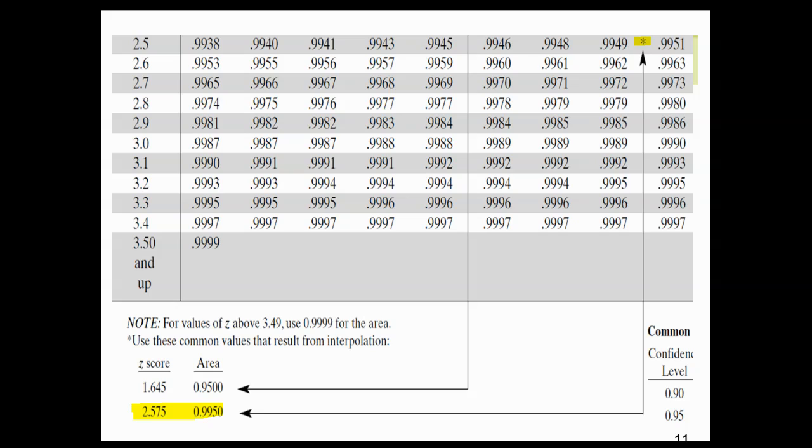Now, 0.9950 is an interesting one because it falls right between 0.9949 and 0.9951. And if I follow my arrow down, the z-score associated with an area of 0.9950 is 2.575. So you're saying, oh, I have to use the table. Well, not really. I'm just showing you how it would be done with pencil and paper.